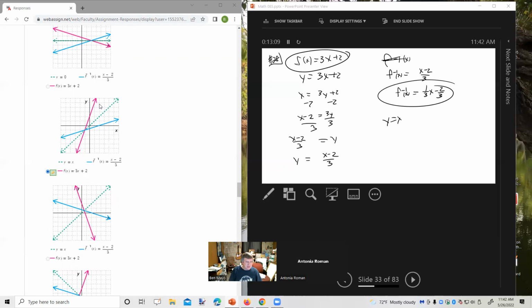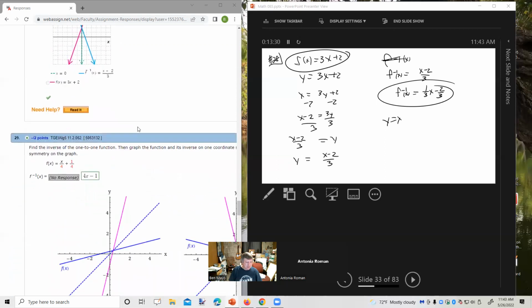So it looks like this red line is that. But let's see if the blue line is that. That would start at -2/3. Yeah, it does. Go up 1 and over 3. Yep. So it's got to be that one. All righty, I got it the way you did.